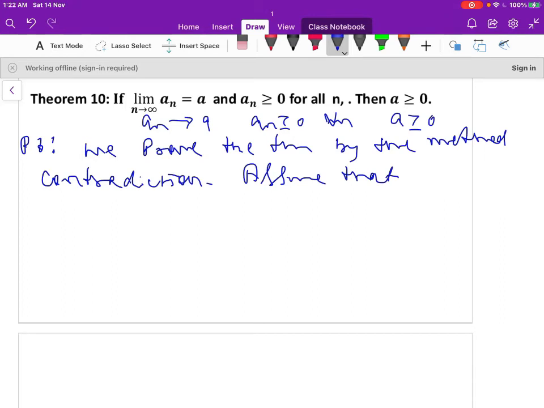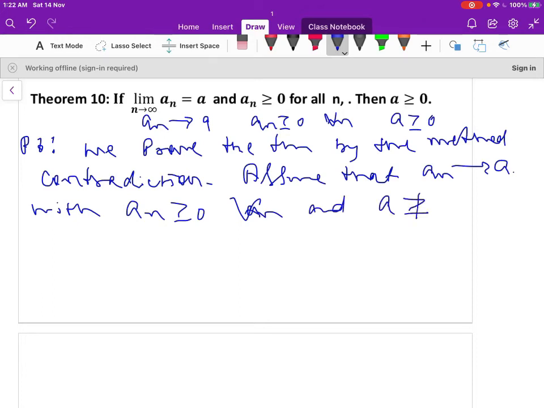Assume that an converges to a with an greater than or equal to 0 for all n, and a is not greater than or equal to 0. This is the contradiction to what I have taken. So that is, a is less than 0.